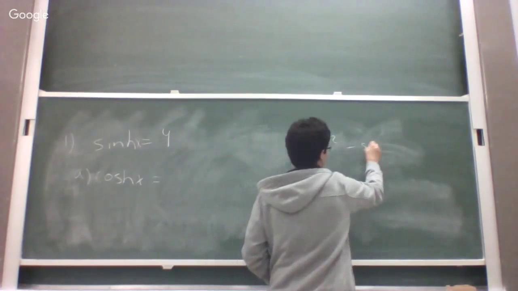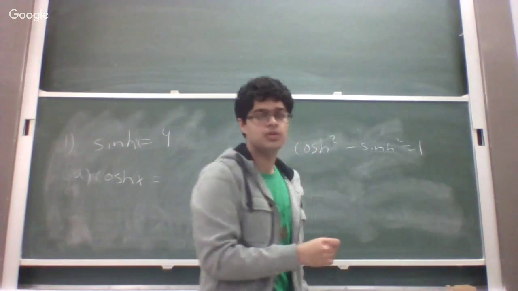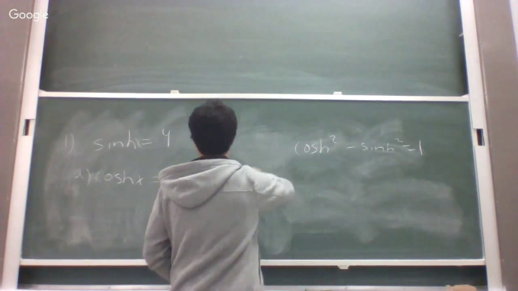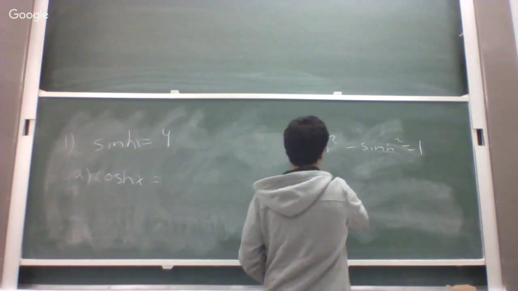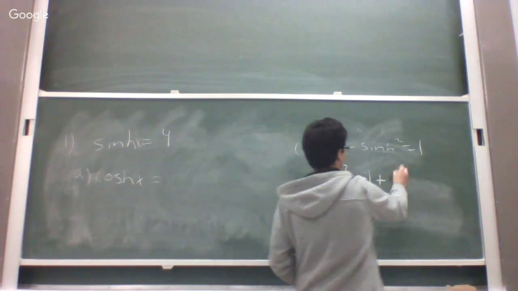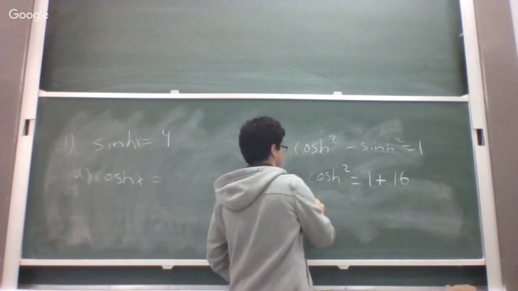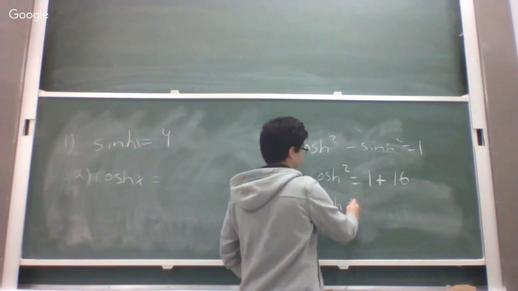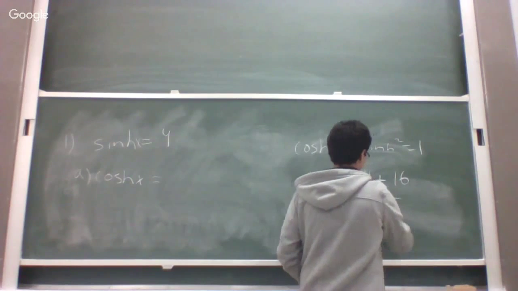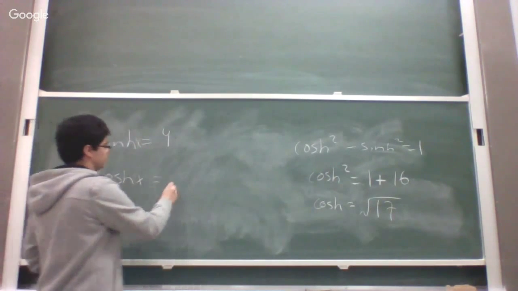Cosh squared minus sinh squared equals 1. Then we substitute 4 in for sinh, so cosh squared is equal to 1 plus 16. So cosh is equal to the square root of 17. So cosh of x is square root of 17.